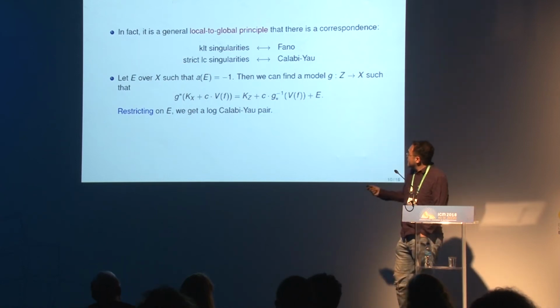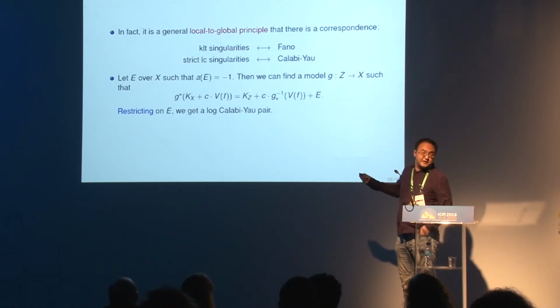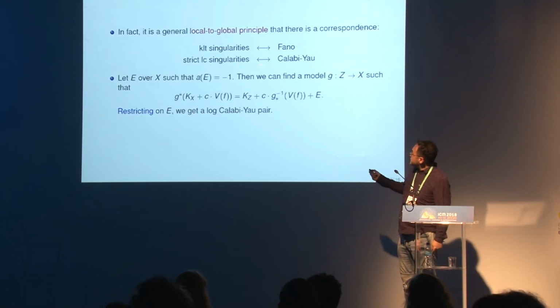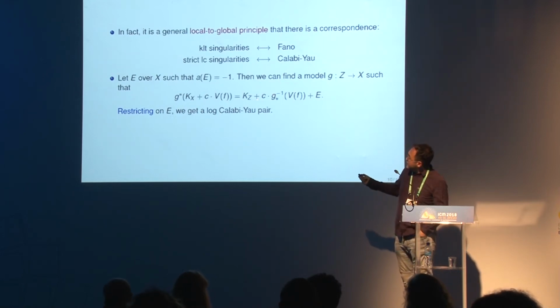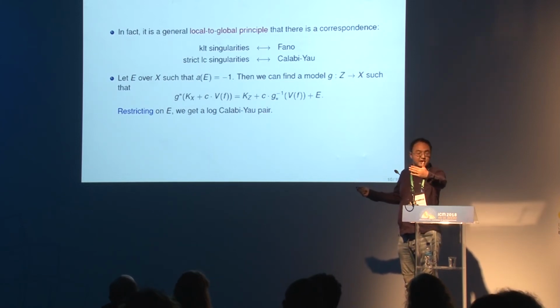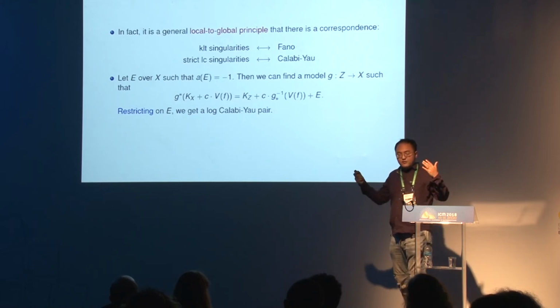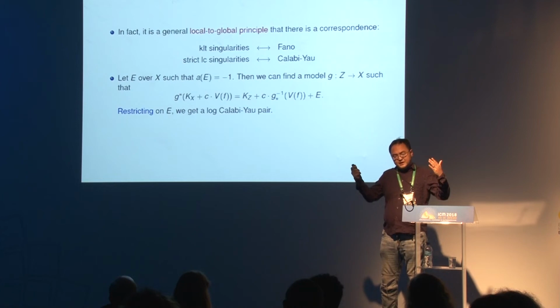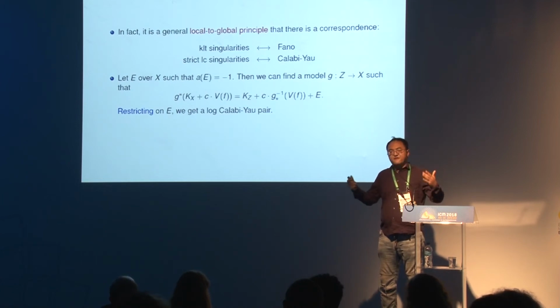And you can imagine, like in the ACC condition, if I want to prove it stabilizes, and it is increasing, then I know that when I restrict to this E, the coefficient along this divisor is also increasing. But remember, in our global ACC, we say that if it's increasing, it's of course DCC, and if it's DCC, it's finite.